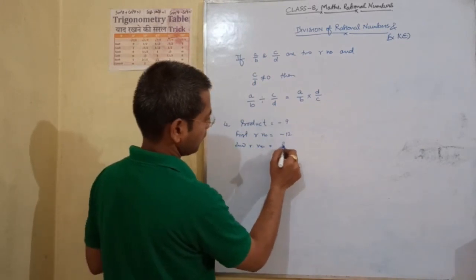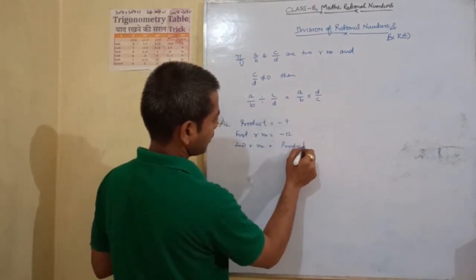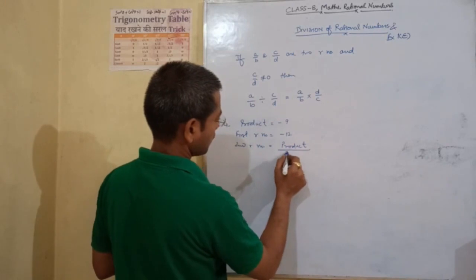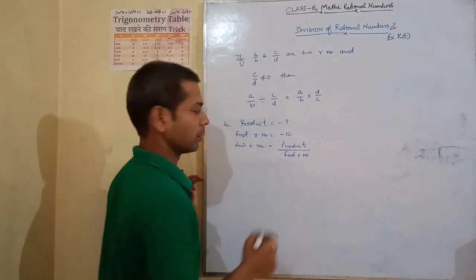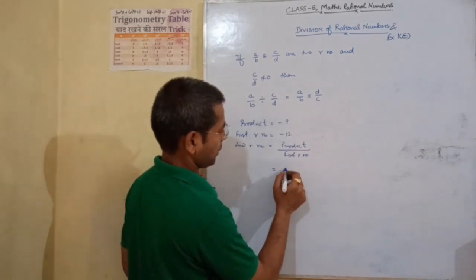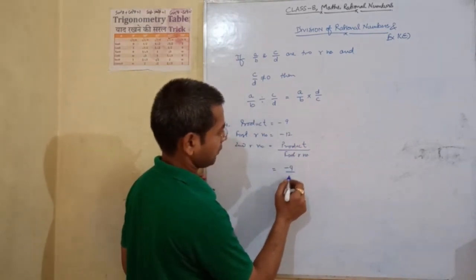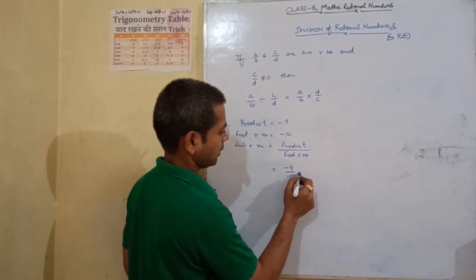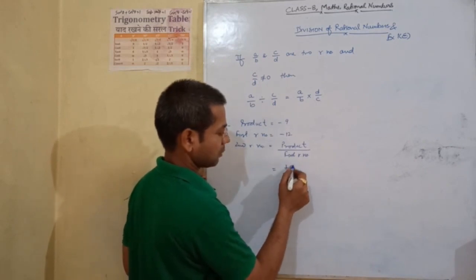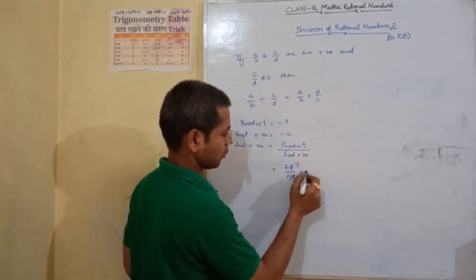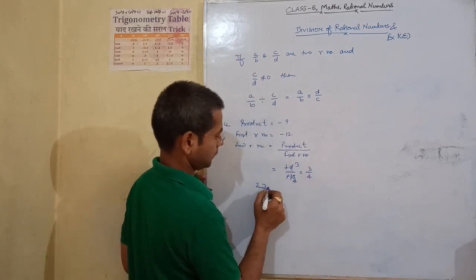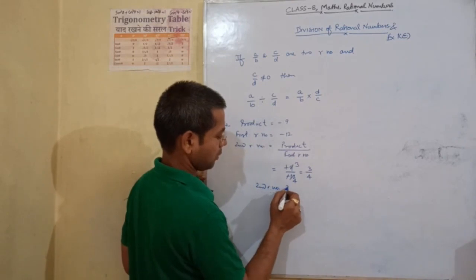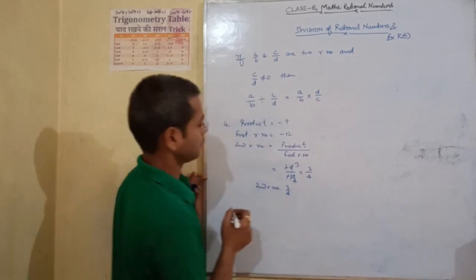The second rational number will be product upon first rational number. The product is minus 9 and the first rational number is minus 12. Cancel this: 3 3s are 9, 3 4s are 12, equal to 3 upon 4. So the second rational number we got is 3 upon 4.